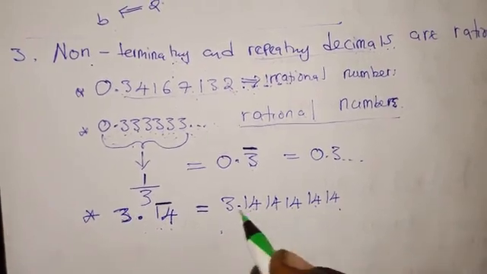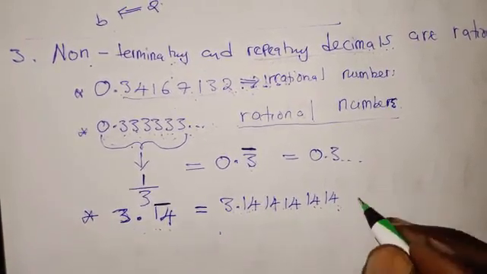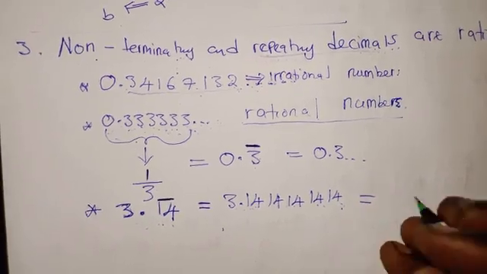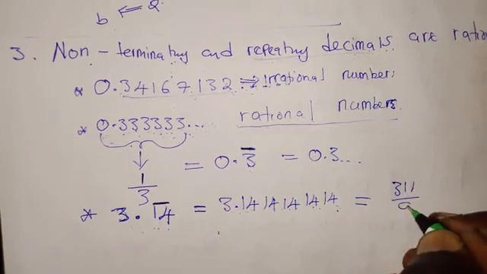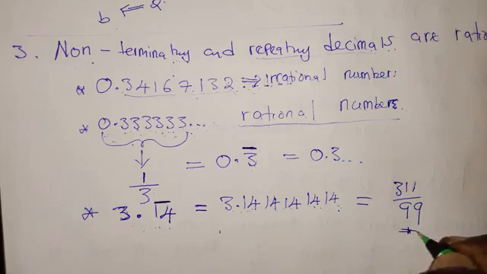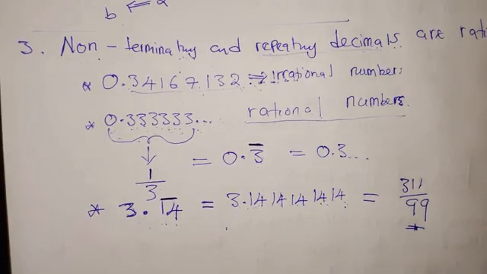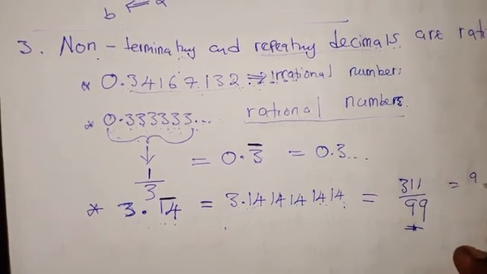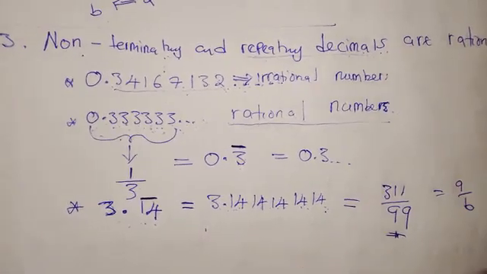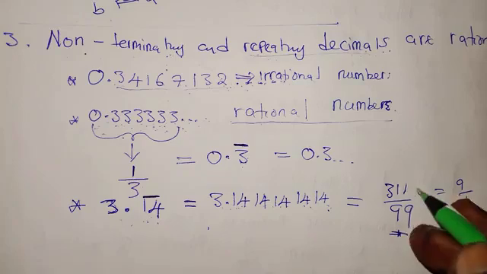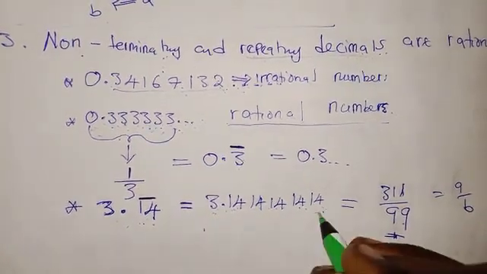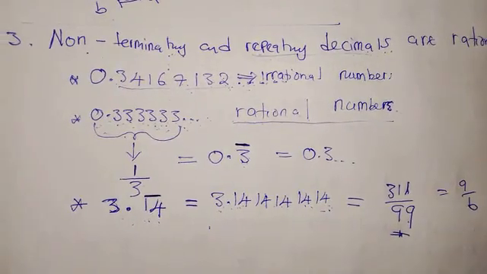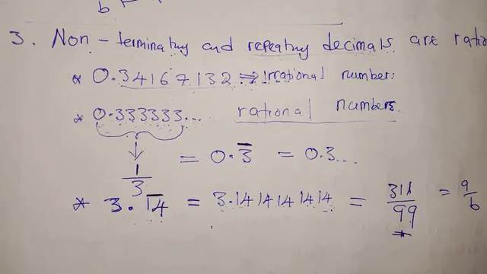So this one, 3.141414, can be written as something like 311 over 99 in terms of a fraction. And you agree with me that this is the form of A over B. So punch 311 divided by 99, you discover that this will be a repeating decimal number, which is 3.141414141414, and so forth.